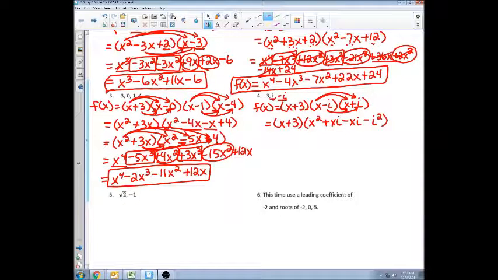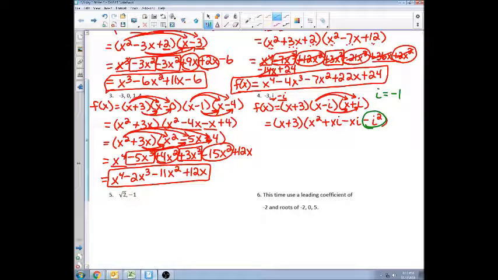Now, let's try to remember back to when we did square roots. What did i stand for? Well, i equaled the square root of negative 1. Right now I have a negative i squared.